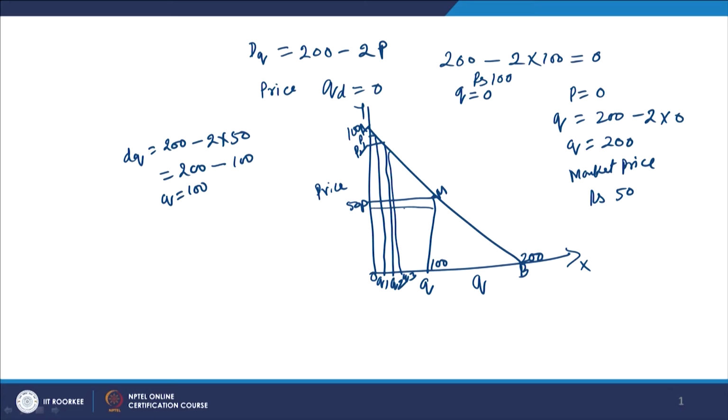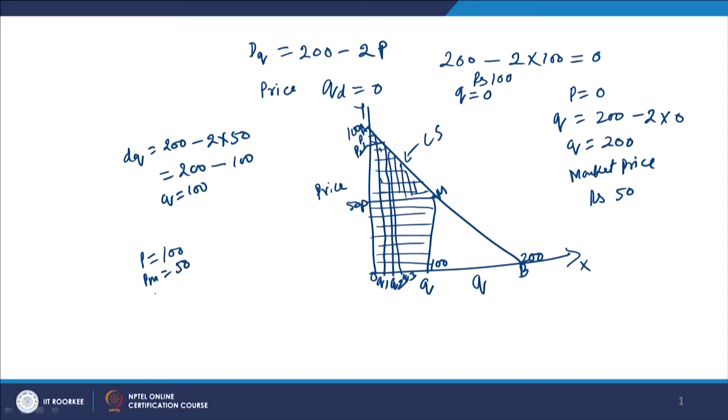So, this is the area which is the amount of money actually the consumer is paying for purchasing 100 units, but actually the consumer is willing to pay this 0, A, M, Q. So, this upper triangle is actually known as this consumer surplus, and that area can easily be estimated, because this is a triangular area, and we can know how much will be the consumer surplus when the market price is P. So, the difference here is the maximum price which the consumer is willing to pay for 0 quantity, P equal to 100, actual market price is 50.